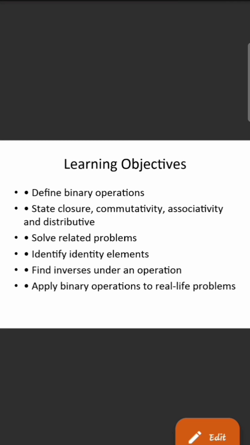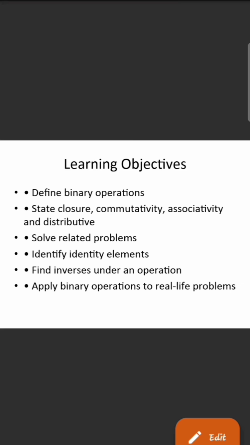So at the end of this lesson, we should be able to define binary operation, and state closure property, commutative property, associative property, and distributive property. We should be able to solve problems on all the properties that have been mentioned.